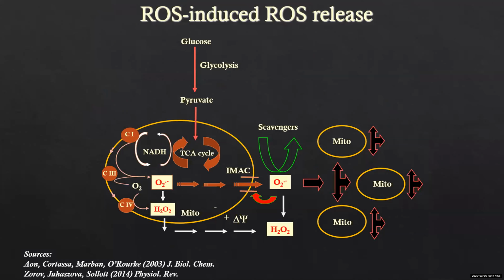mitochondrial loss of the membrane potential is called ROS-induced ROS release. Mitochondria release ROS, here the superoxide anion, which will increase the opening probability of neighboring mitochondria, and therefore favors the autocatalytic propagation.